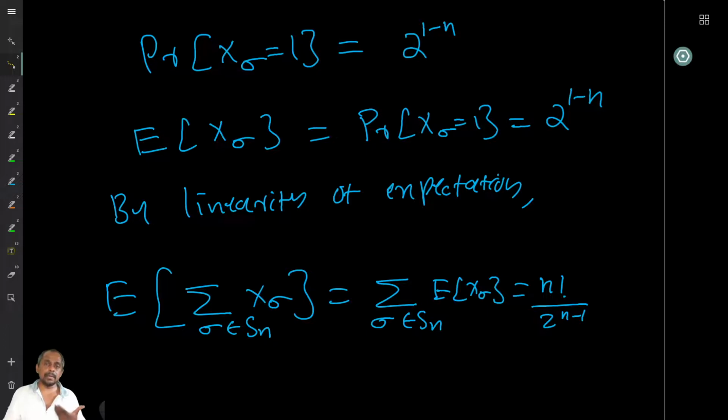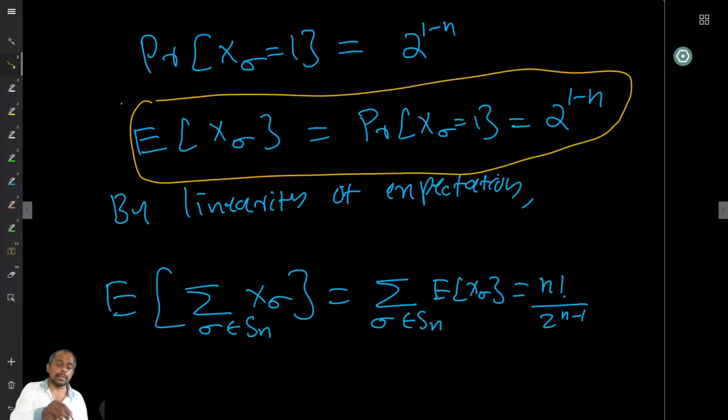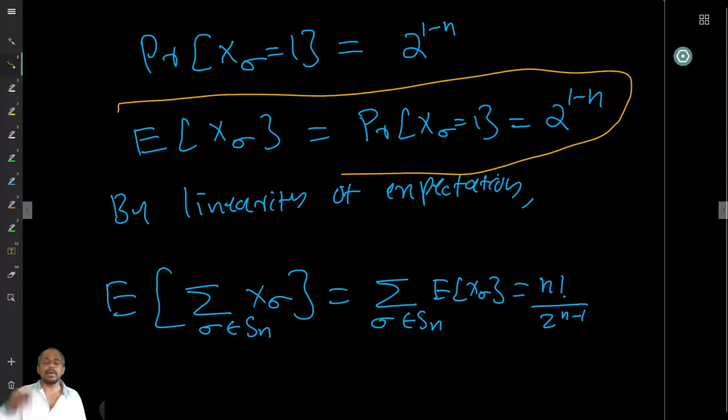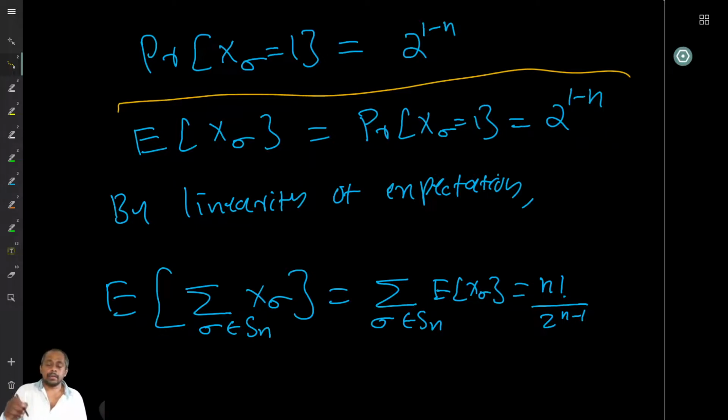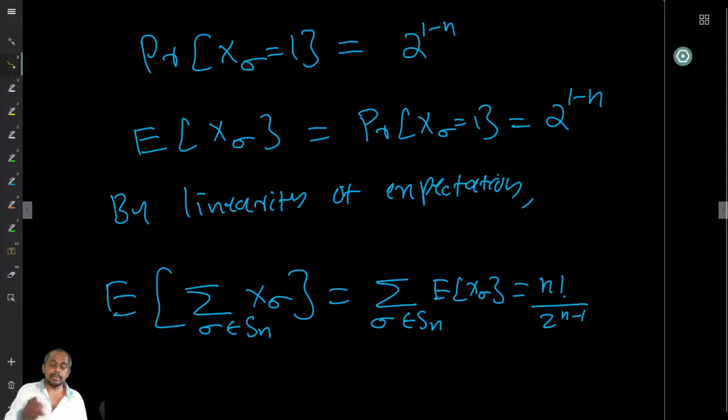So the probability and expectation are the same: if it takes the value 1 with probability P, then P into 1 is equal to P. Therefore, the expectation of an indicator random variable is equal to the probability of the indicator random variable taking the value 1. Which we proved here, it's 1 by 2 raised to n minus 1.